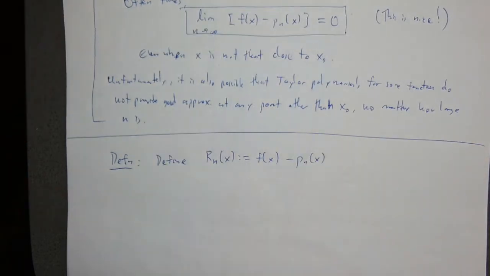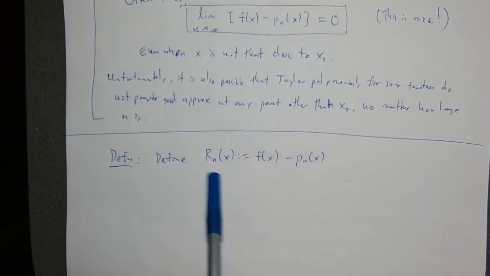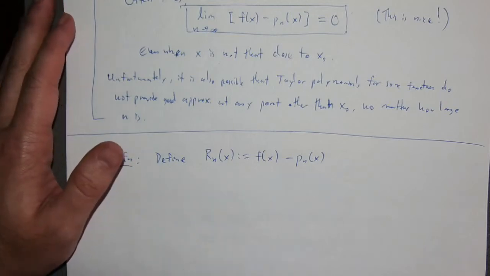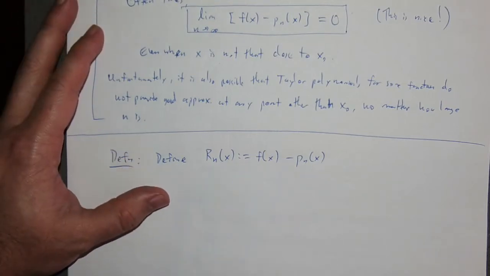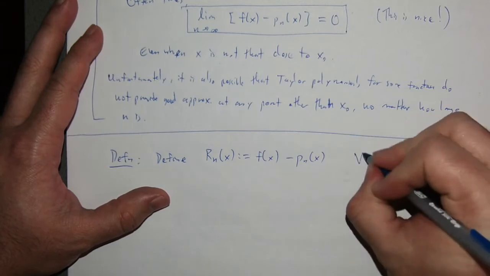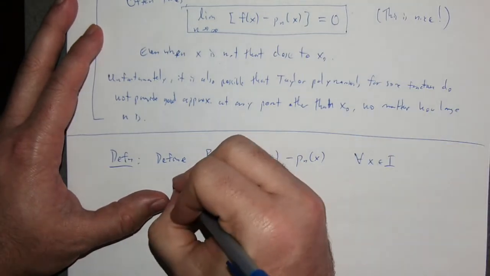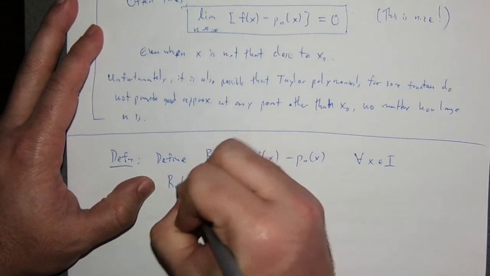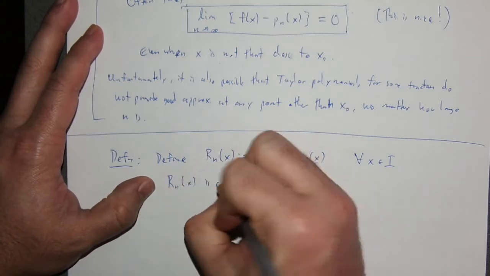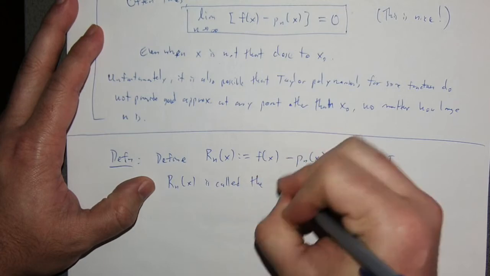So reformulated really quickly, we're happy when this remainder limits to 0. This is called the nth remainder. So define this for all x in your neighborhood of the point in question. So r sub n of x is called the nth remainder.